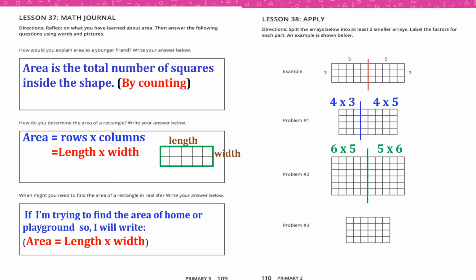I will add them to find the total. 30 plus 30, 60. The last one, I will split it like this. The first array will be 4 times 4, 4 rows and 4 columns. And the second will be 4 times 2.